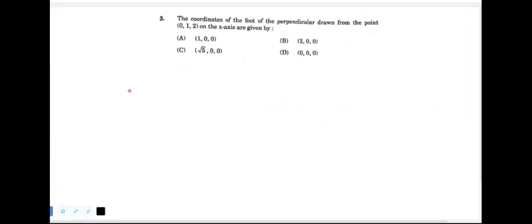Question number 3 says: the coordinates of the foot of the perpendicular drawn from the point (0, 1, 2) on the x-axis are given by. So here, how to find the foot of the perpendicular?